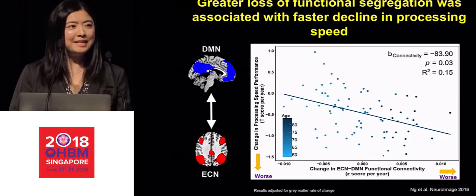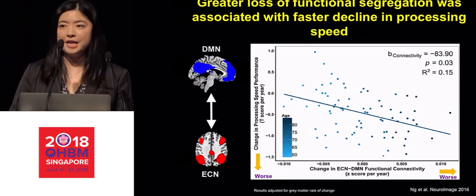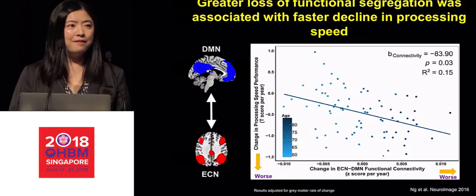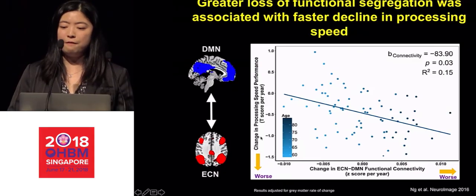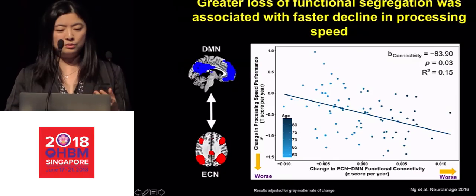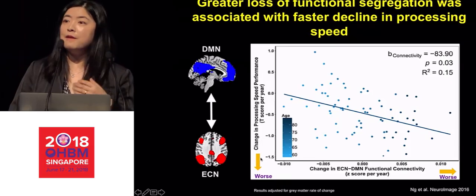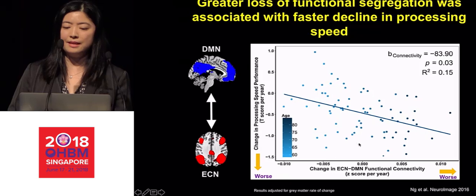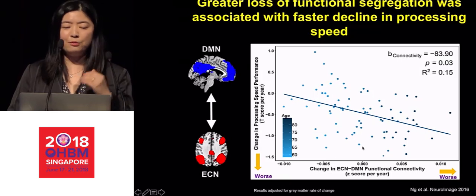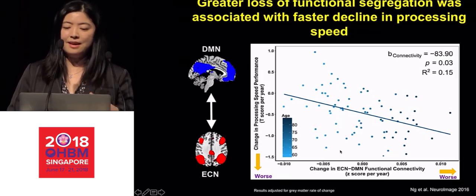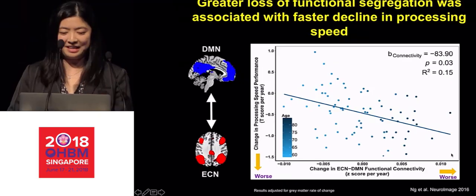And more importantly, when we extract the rate of change from functional connectivity and processing speed, we found that greater loss of functional segregation between these two networks on the y-axis was associated with faster decline in processing speed. Processing speed is in the y-axis and the functional connectivity in the x-axis.